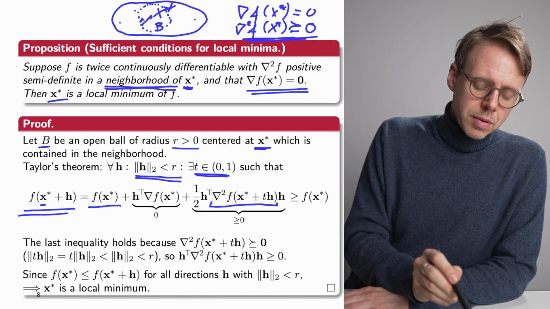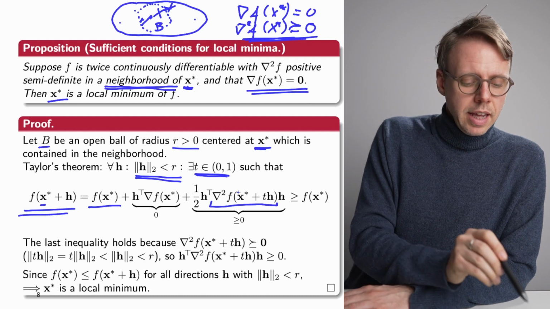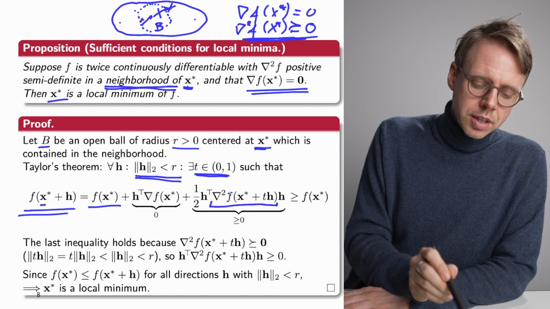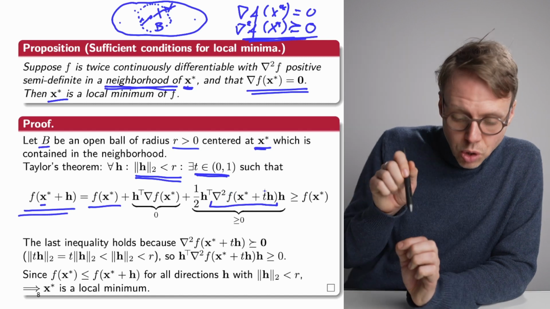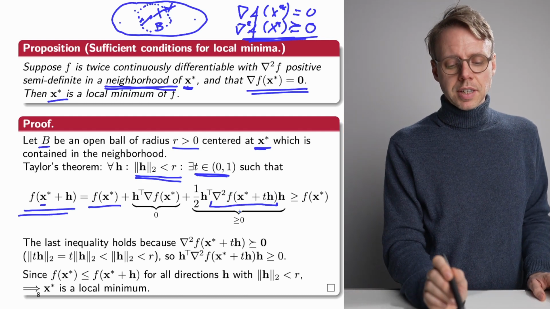Now, because x star plus h lies within this ball, it also is clear that x star plus t times h, which is even closer to x star, has a positive semi-definite Hessian.